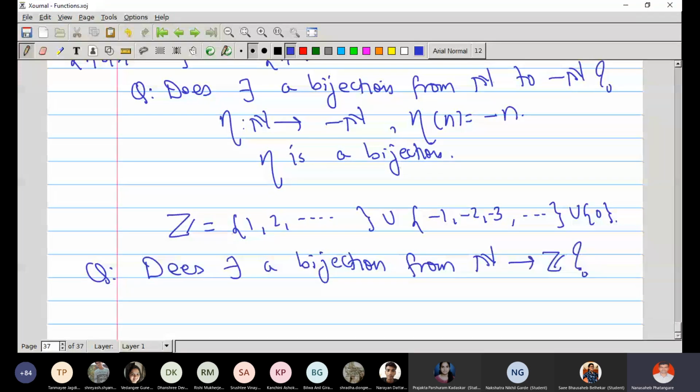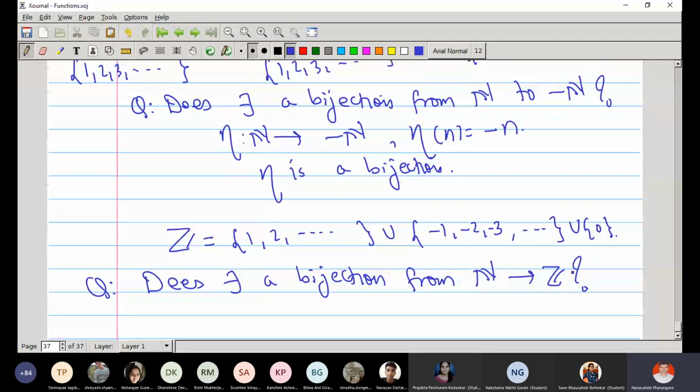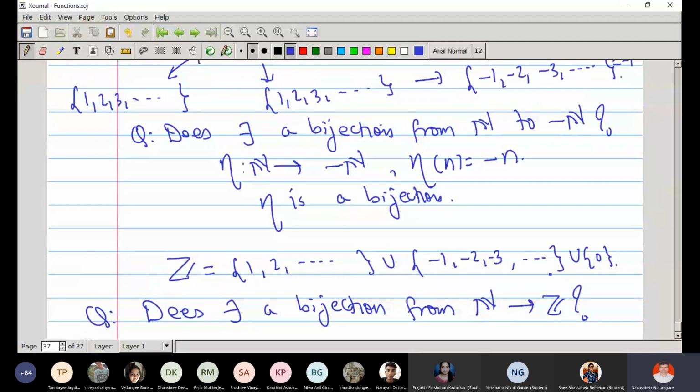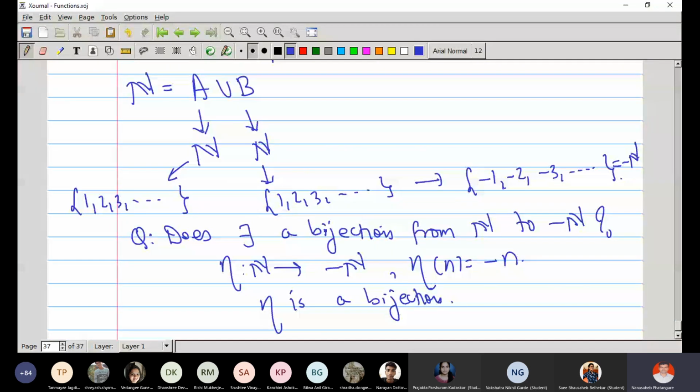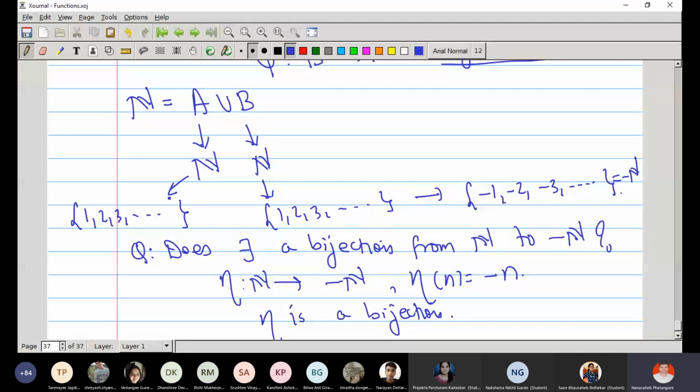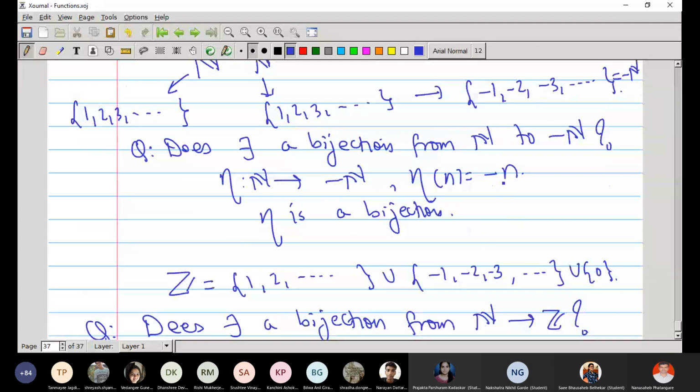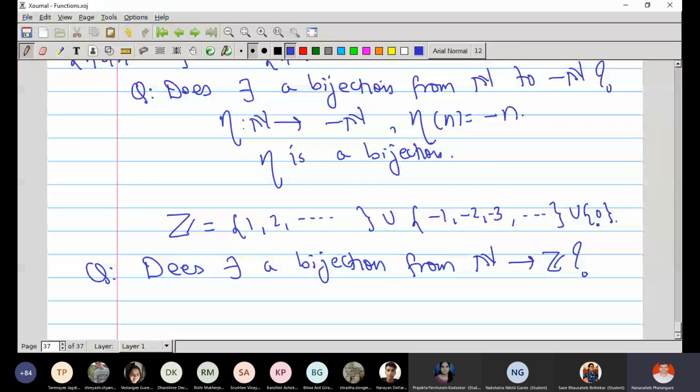This is a big question. Just observe the previous discussion. N is A union B. From A to the positive integers and B to the negative integers, there is a bijection. The only problem is 0. So how do we work it out? The question is clear.